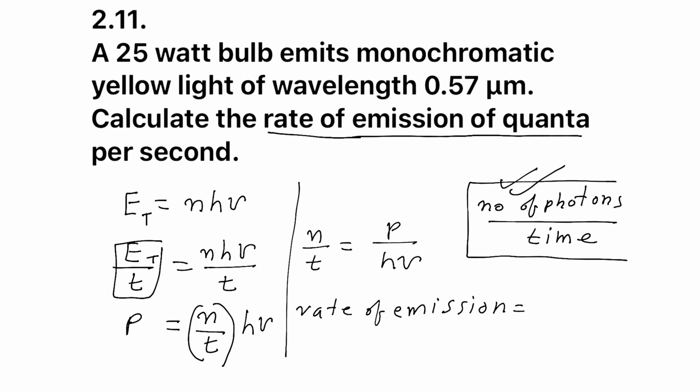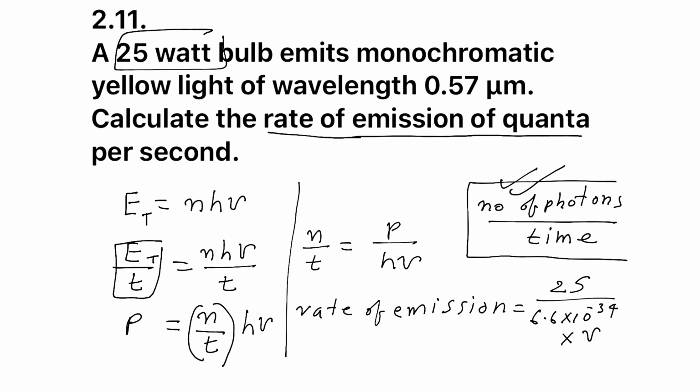Now, power as per the question is 25 watt. And h is always 6.6, or you can write 6.624, 6.634, into 10 raised to minus 34, into nu. They have given wavelength, not frequency. For the time being I am writing nu there.